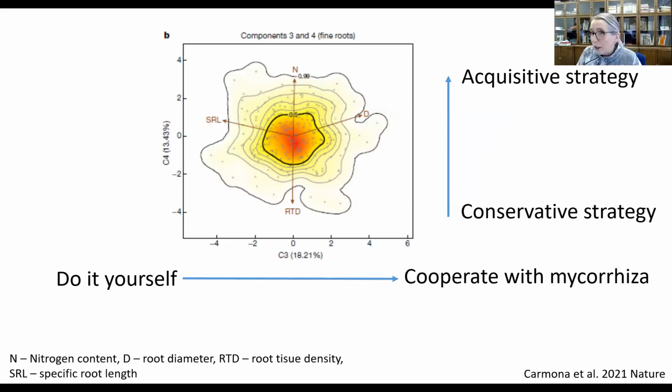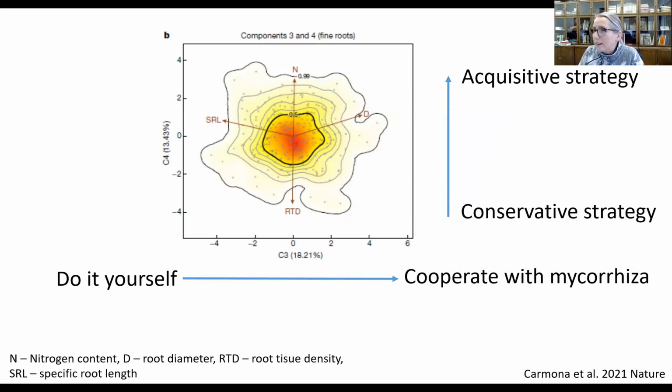After a few years, it was now much faster. Root ecologists accumulated and cleaned the data for a few, of course, few easily measurable root traits, fine root traits. And these are nitrogen content, root diameter, root tissue density, and specific root length.